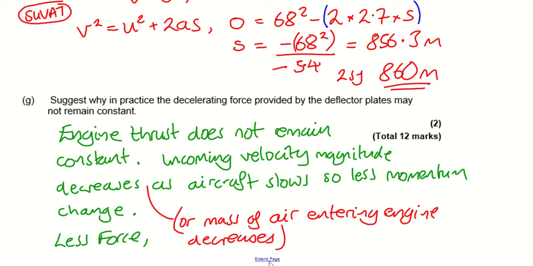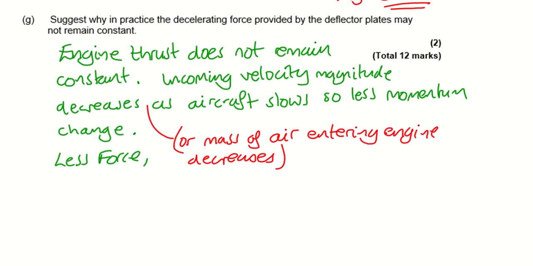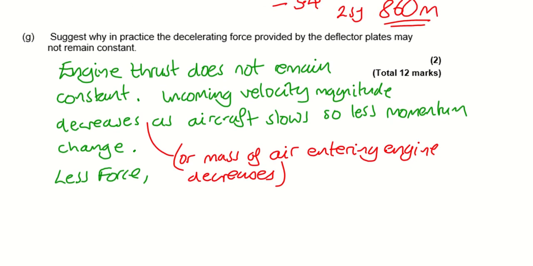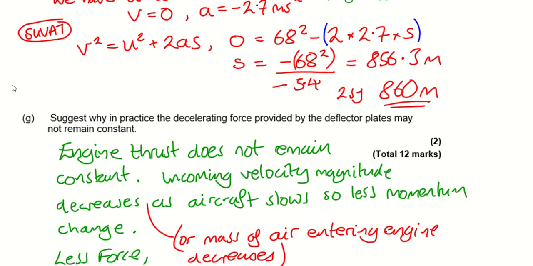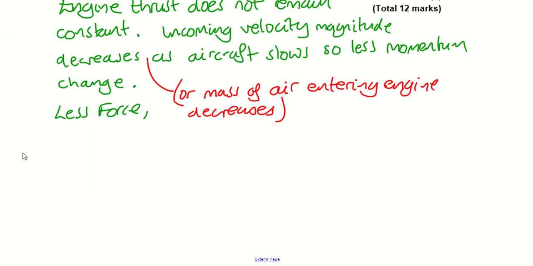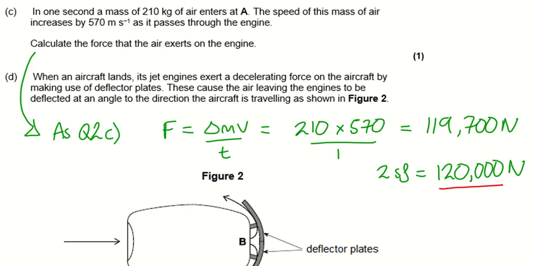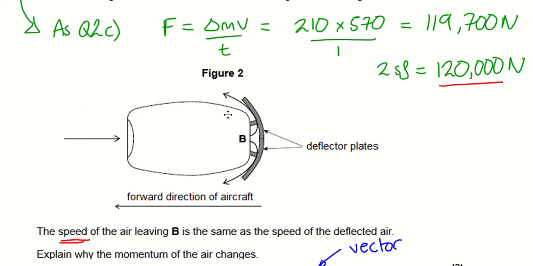Right. Okay. Why don't you get the same decelerating force from these deflector plates all the time? Why is it that the decelerating force isn't the same all the while? Well, if you think about it, the force is caused by the momentum change, and in this case you've got air coming in the front and then being sent backwards.